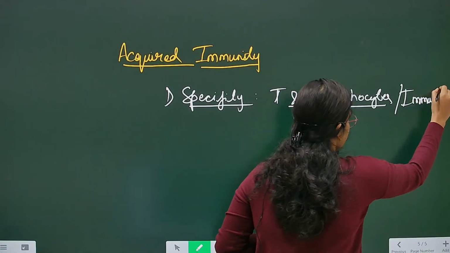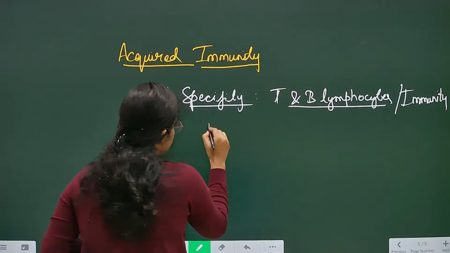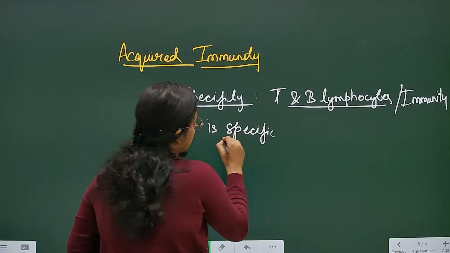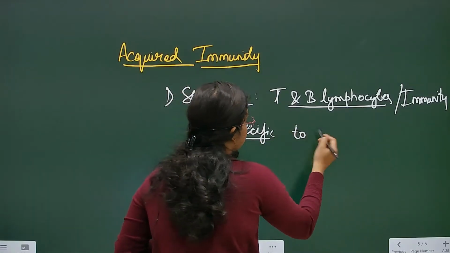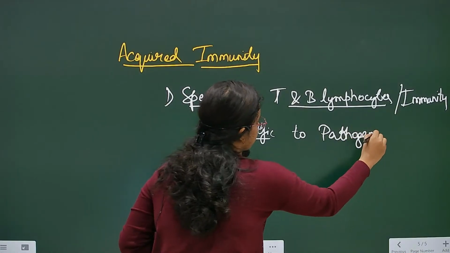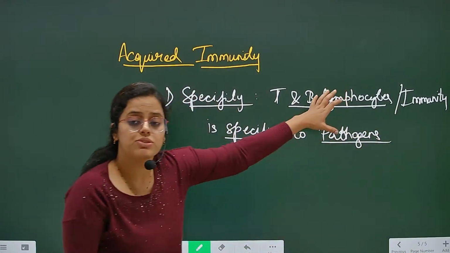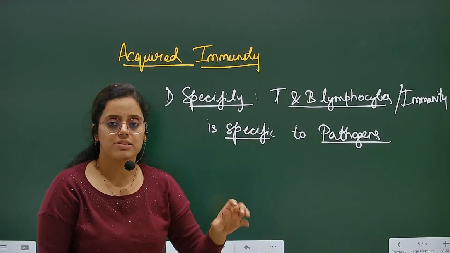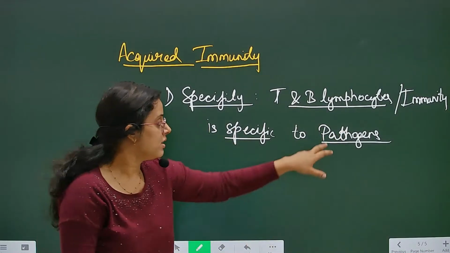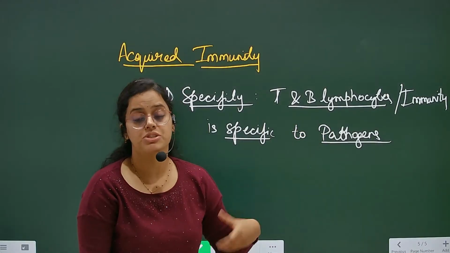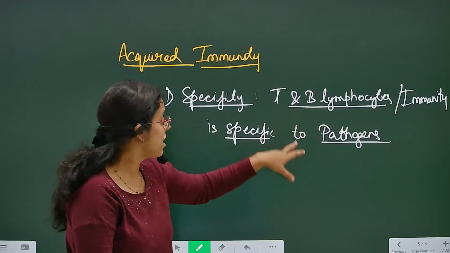In short, immunity is specific to pathogens, which means if the T lymphocytes and B lymphocytes are formed against some virus, like poliovirus, they will be for poliovirus only. They will not act on smallpox or chickenpox. So they are specific.